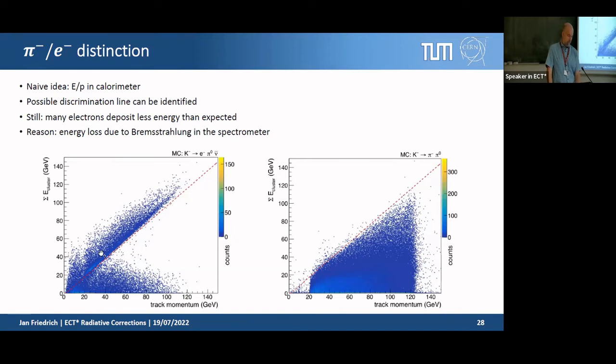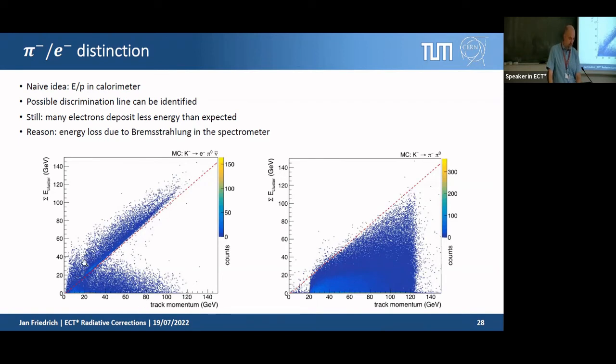And there is some surprise. I was not too surprised, but Dominic and others were: the linear correlation that you see in the electromagnetic calorimeter and the momentum of the particle, it is a fine line.